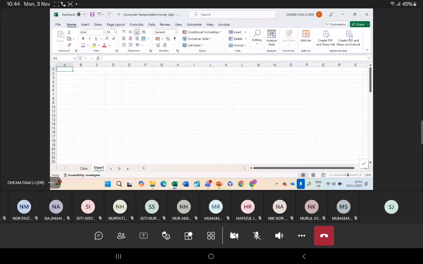I press the control button and hold it. So I select gender. Then only you control shift down. So both columns are selected. Okay? And then you press control C. And then you put it in your new sheet here. Put it in the new sheet. Okay? Yeah. So that's how you do it.